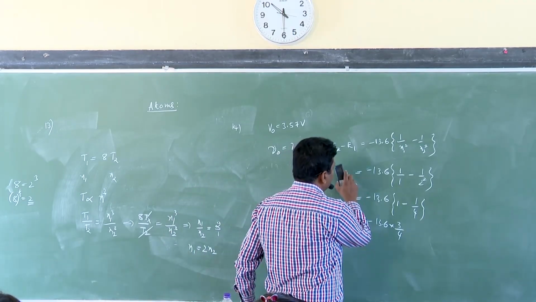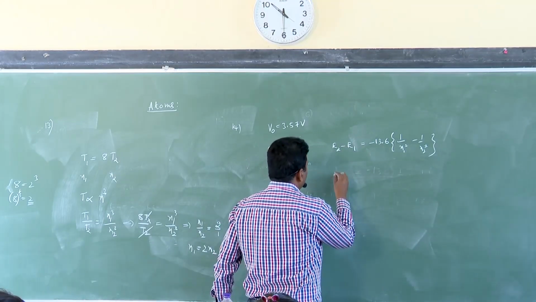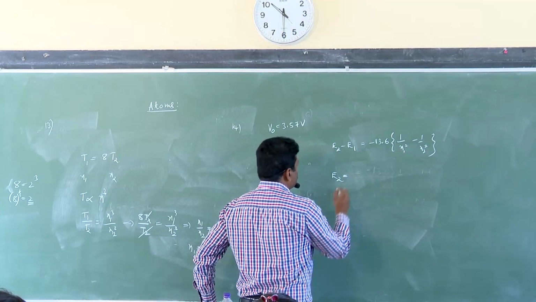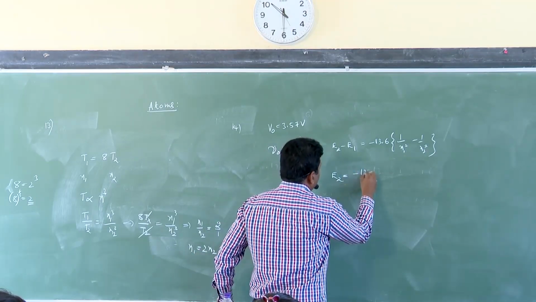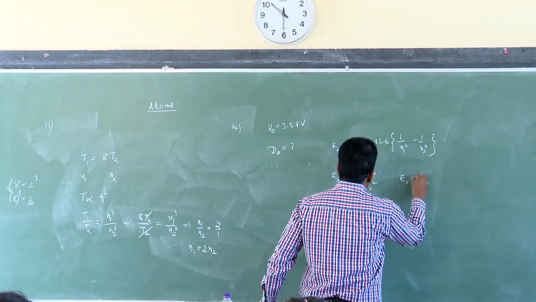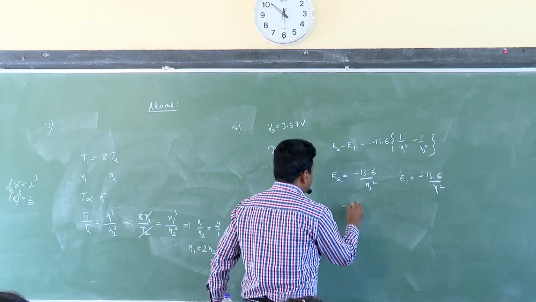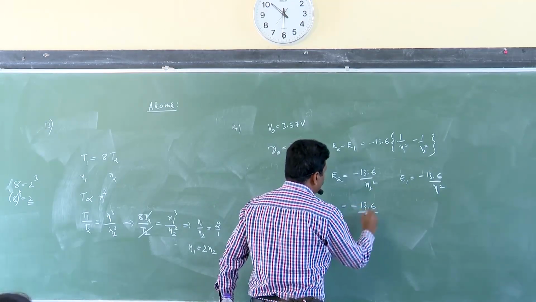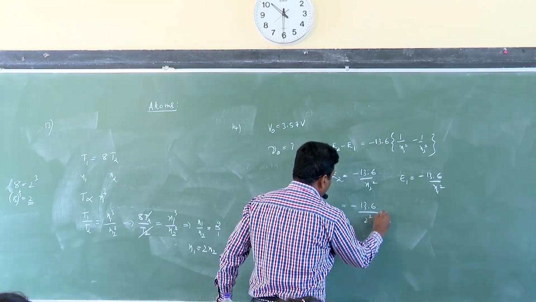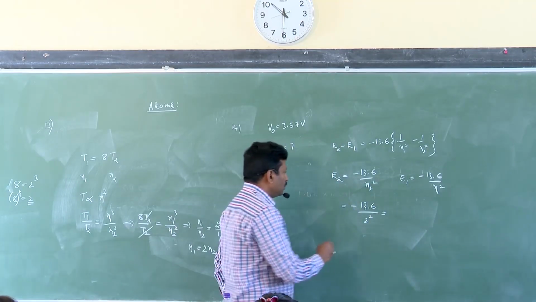Now let's do it this way. E2 is the energy corresponding to the second level, minus 13.6 by N2 squared, and E1 is minus 13.6 by N1 squared. So it is minus 13.6 by 2 square, which is 4.